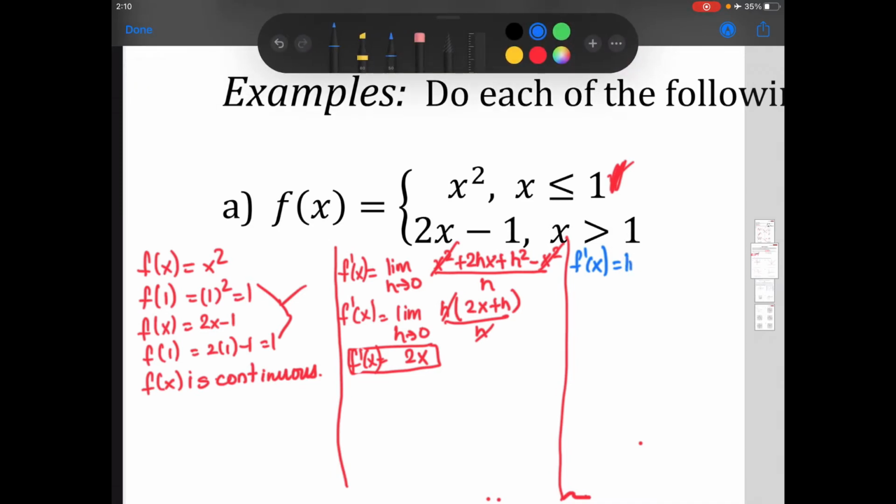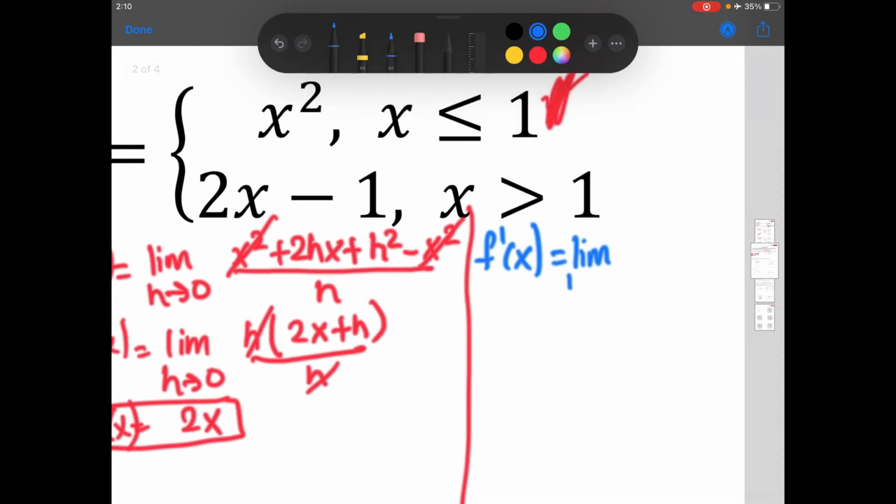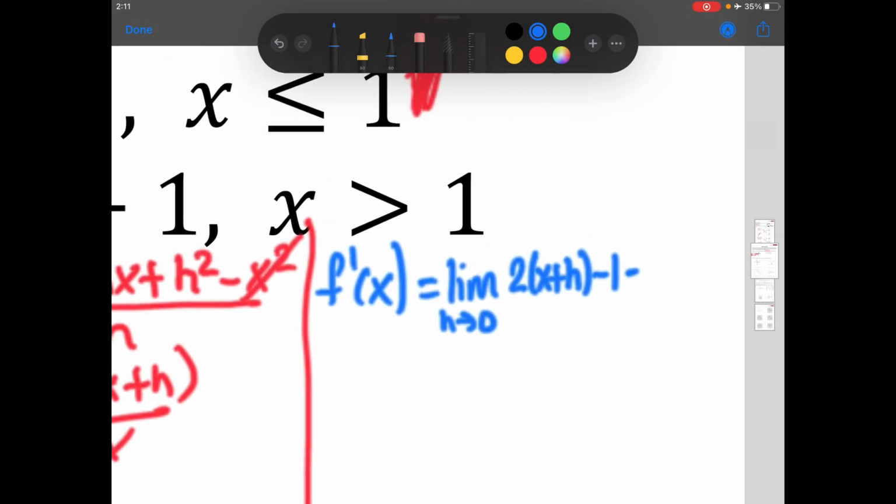I'm going to do limit as h approaches 0, and this is 2 times x plus h minus 1, minus 2x minus 1, all over h, right?